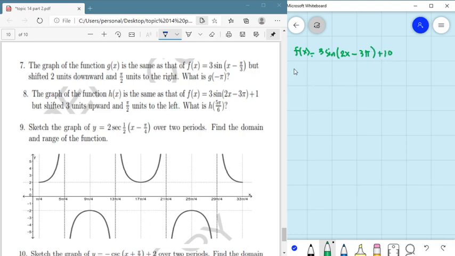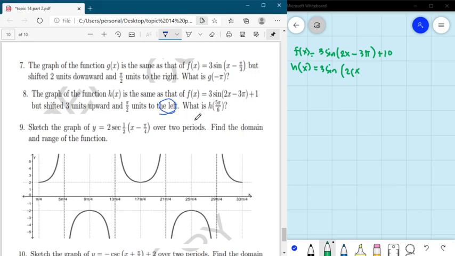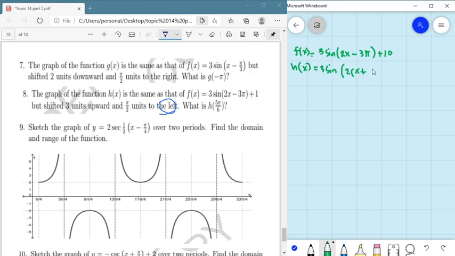Okay, so ang imong h of x is equal to, shift ka pi over 2 units left. So 3 sine of 2 quantity. Ang imong x, ang sama na, minus ka plus, left man ka na, left. So, plus ka og pi over 2.